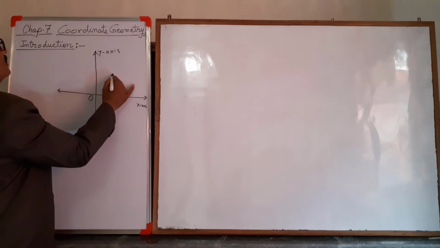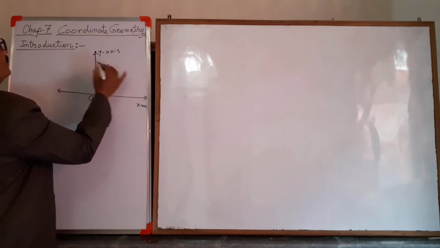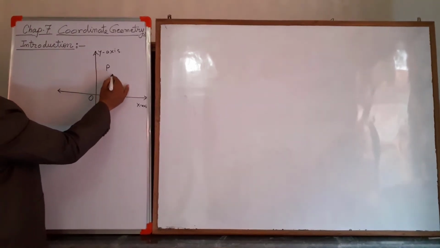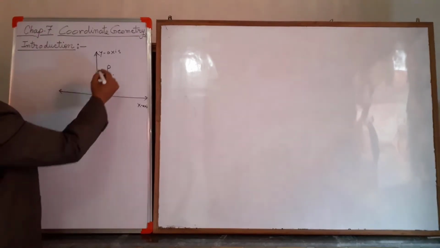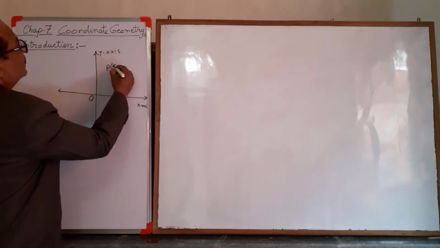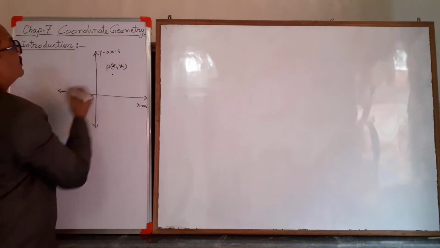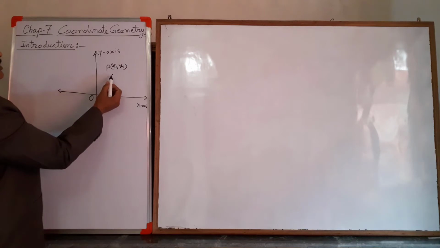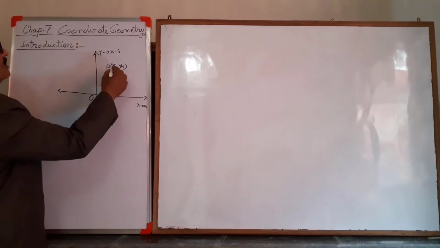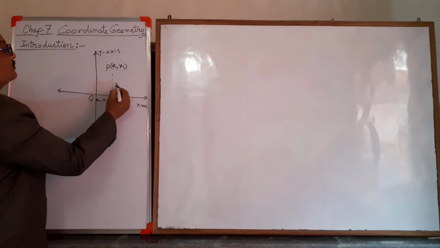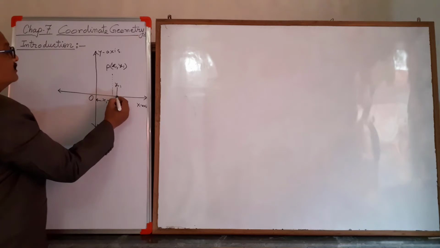And suppose there is a point P. So for position of this point on the Cartesian plane, we are denoting it by suppose x1, y1. What does it mean? It means when you are dropping the perpendicular from this one, this distance is x1, and now this perpendicular distance from this point P is y1.